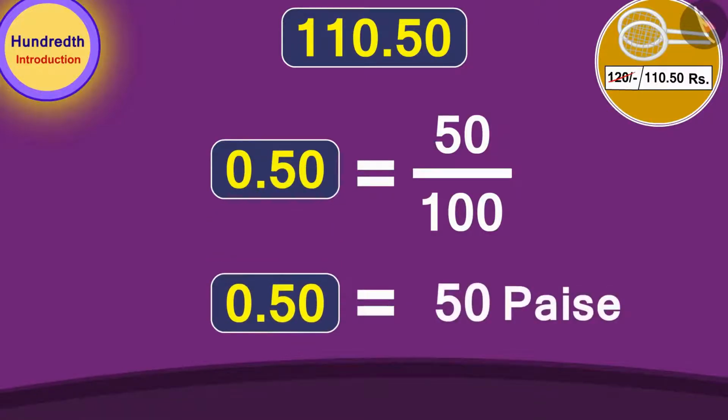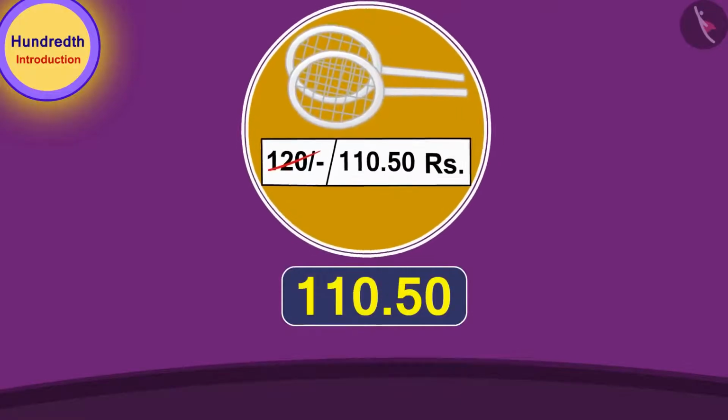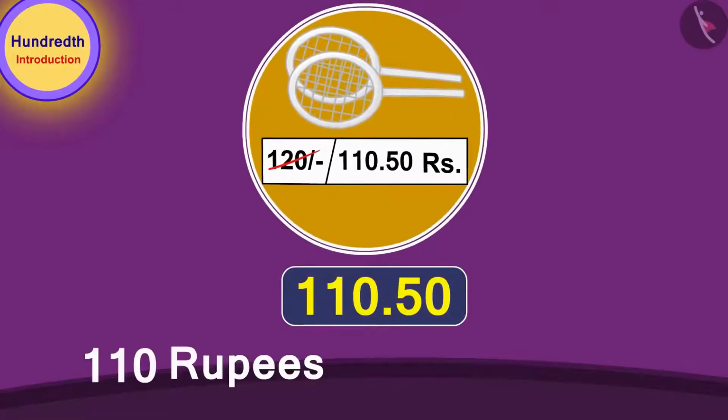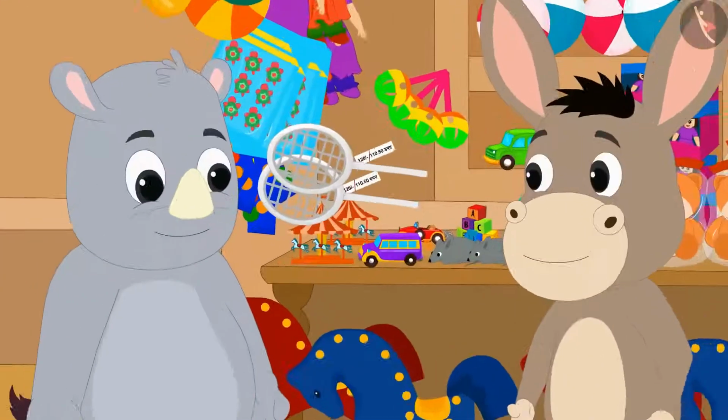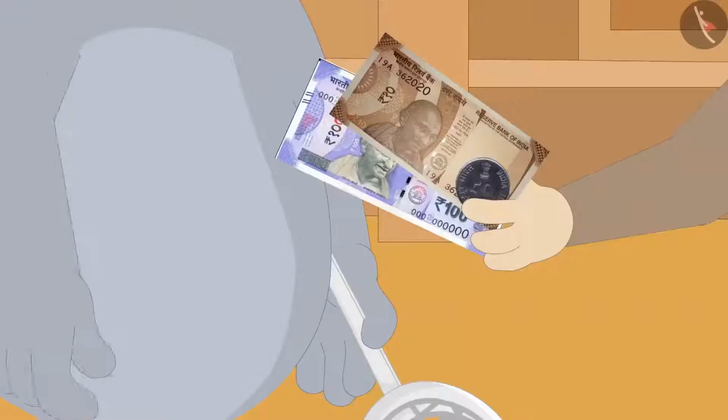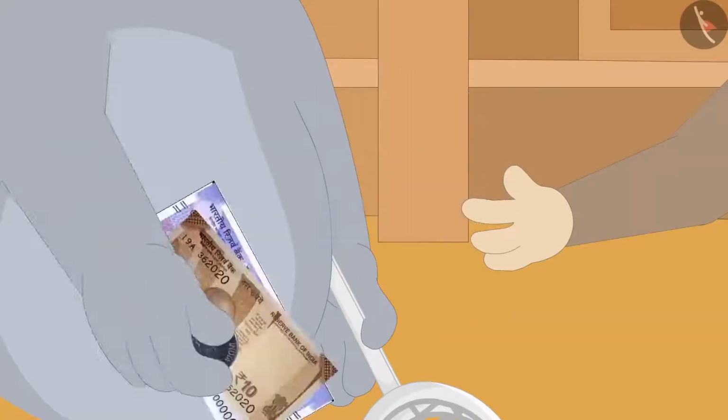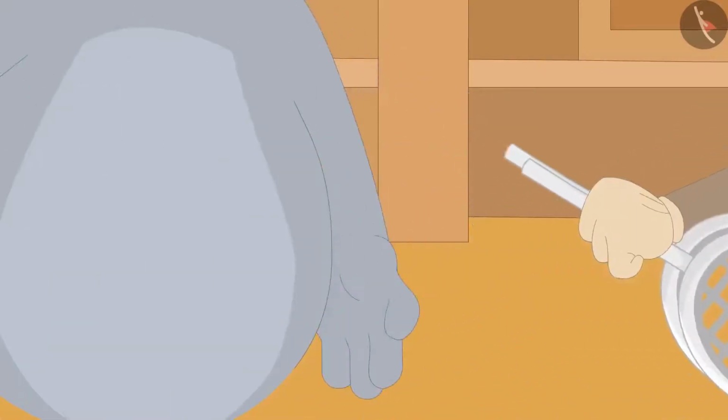In this way, the price of a badminton racket is 110 rupees and 50 paise. Bunny explained to Bhola. Bhola quickly understood. Bhola bought the badminton racket by giving 110 rupees and 50 paise to Gaggu.